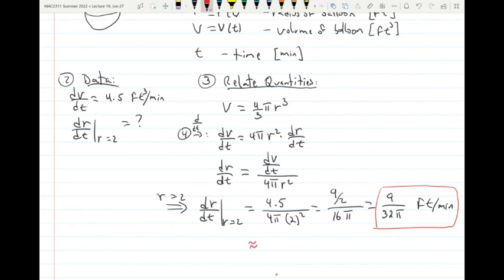So that's about 0.0895 feet per minute. Okay, but again, this is an approximation. This is the exact answer, right? Okay, any questions?